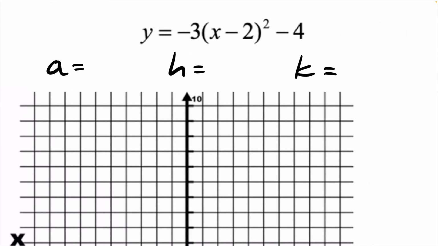So for this guy, what's A? What's in the A position? Yeah, it's -3. Okay. What's in the H position? 2, right? It looks like -2, doesn't it? It looks like -2. But be careful. H is actually a liar.